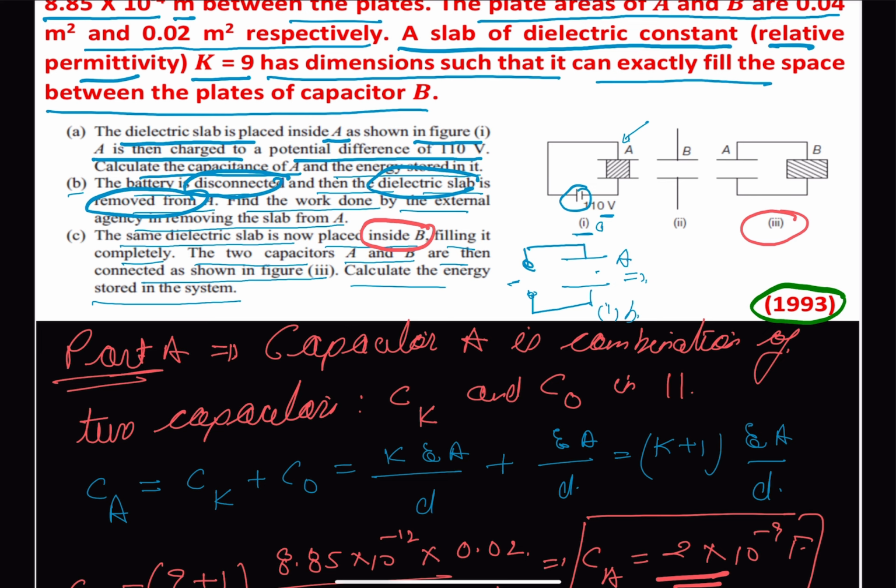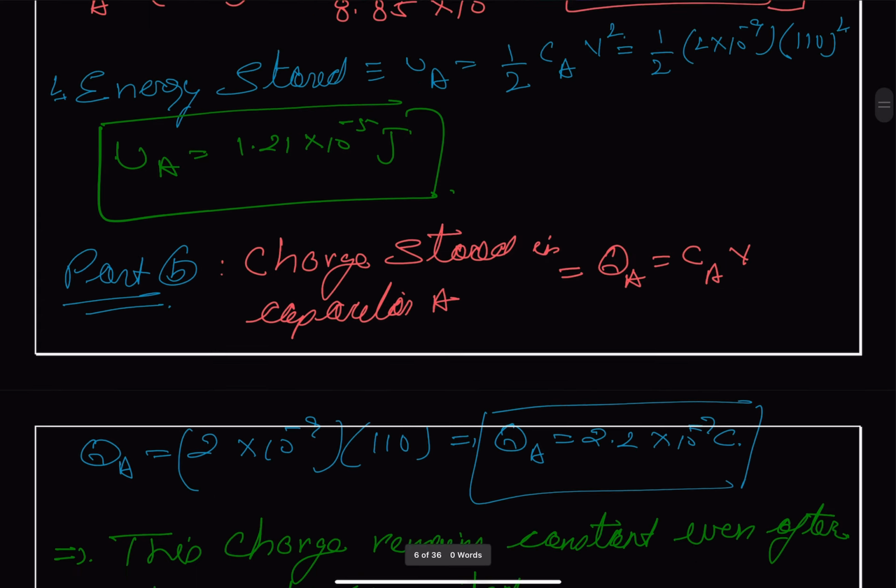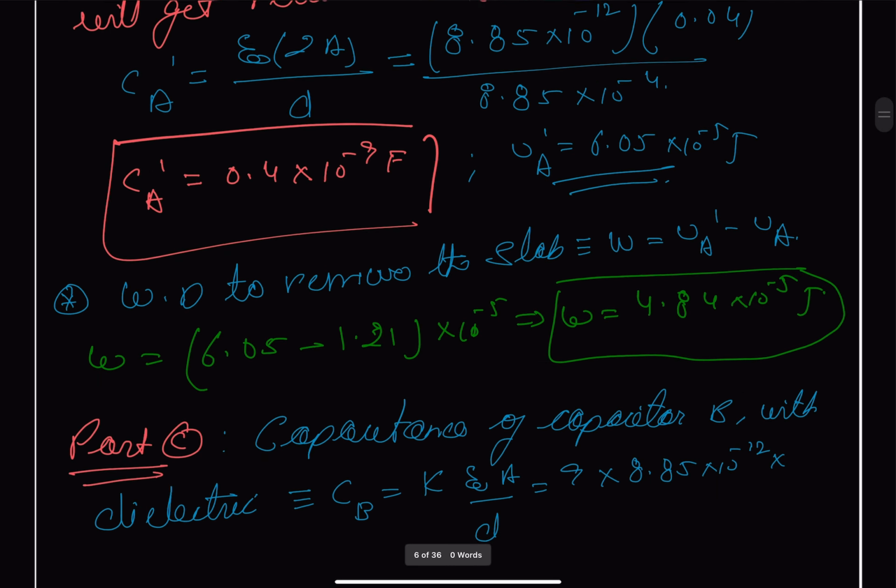So we have to make sure, that's why we have taken the area as 0.02. We have to keep this in mind, otherwise it will be a little bit tricky.